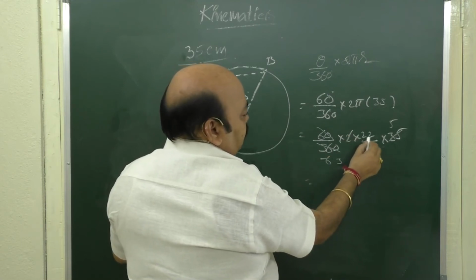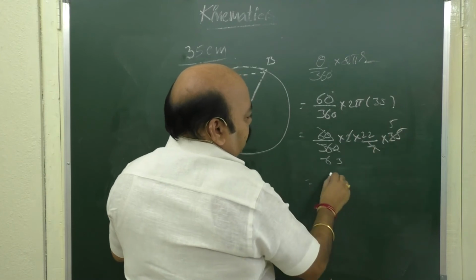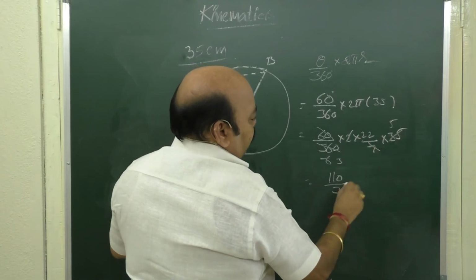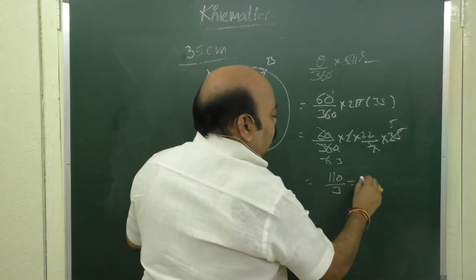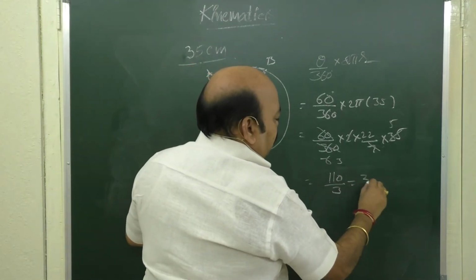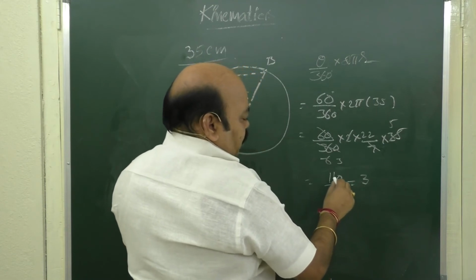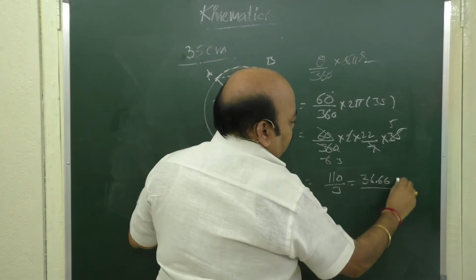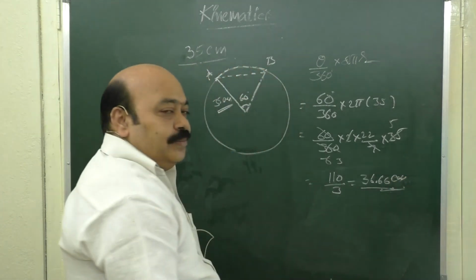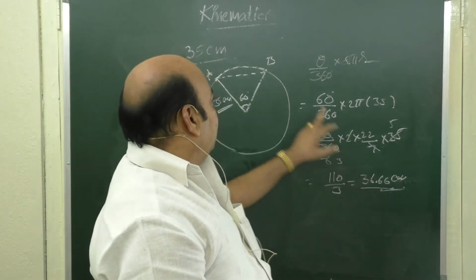Simple calculation, 22 into 5, nothing but 110 by 3. So, 3 threes are 9, 2 0, 3 6, and it is a recurring centimeter. This is the distance travelled.